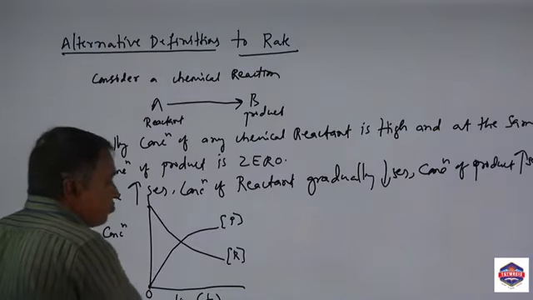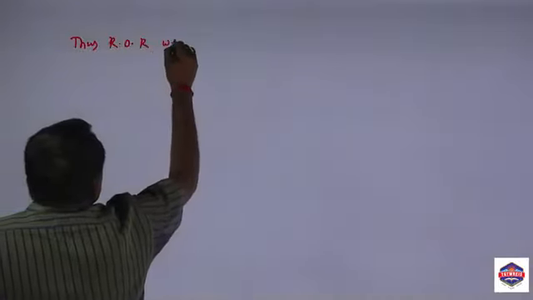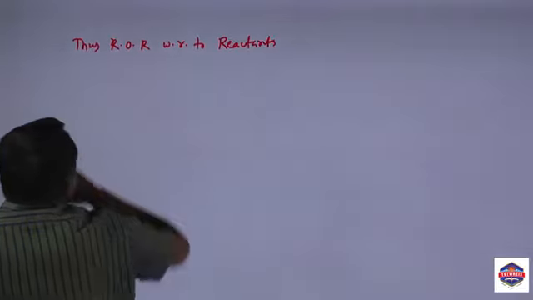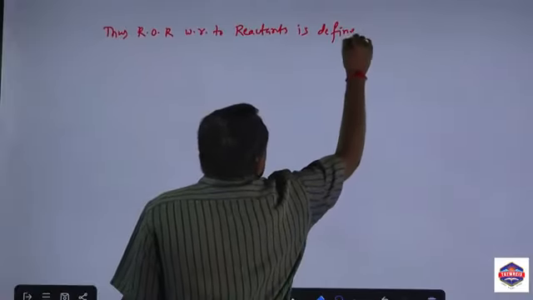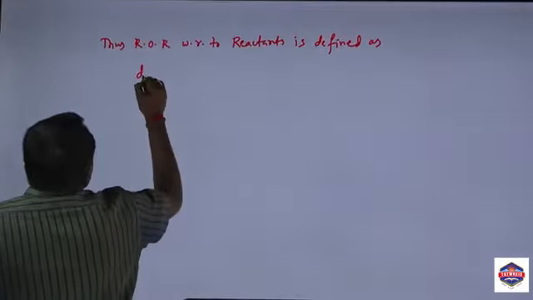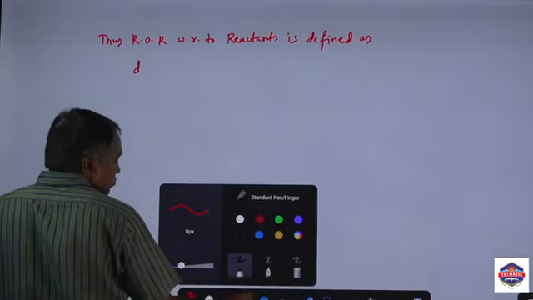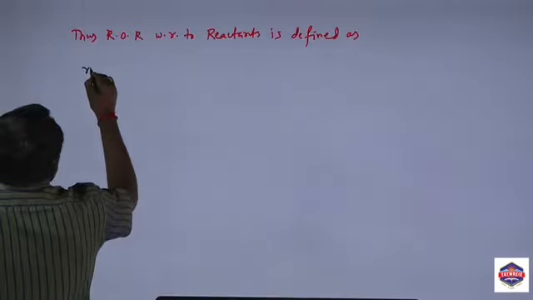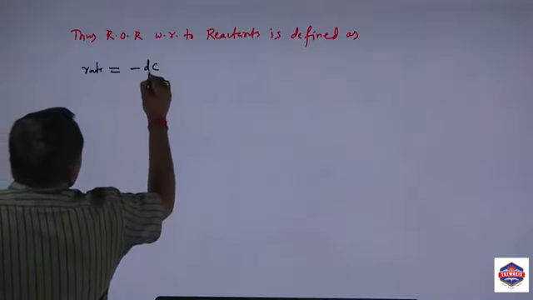Thus the rate of reaction with respect to reactants is equal to negative dC by dt.